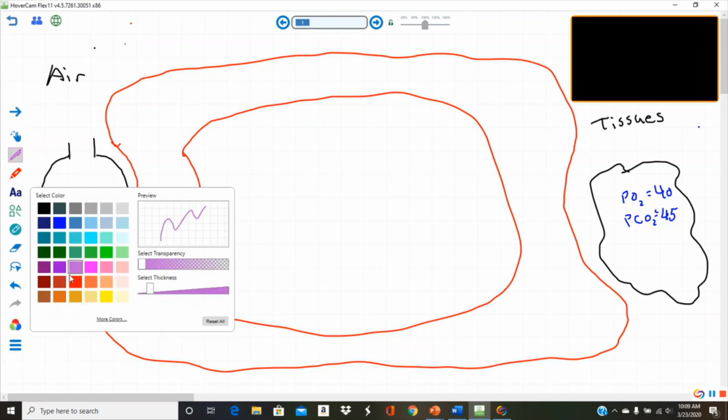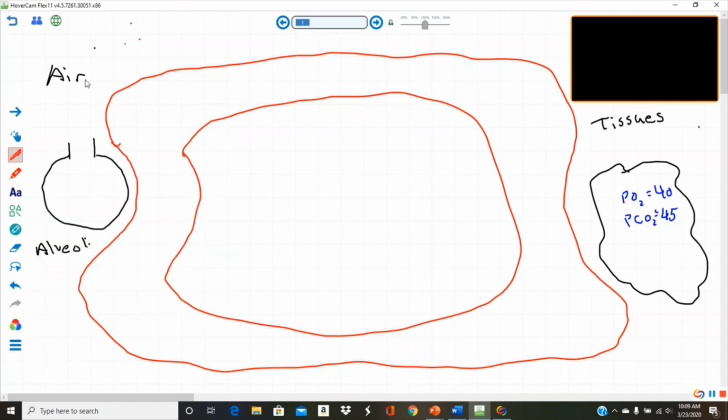When I breathe in air, it's going to have a partial pressure of O2 at around 100. Now, the value for this is millimeters of mercury. I'm just not going to write that. And the PCO2 is around 40.